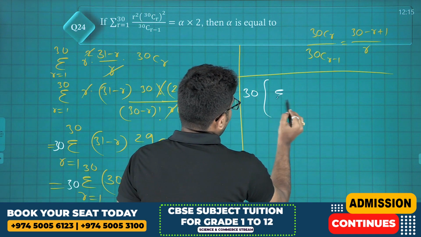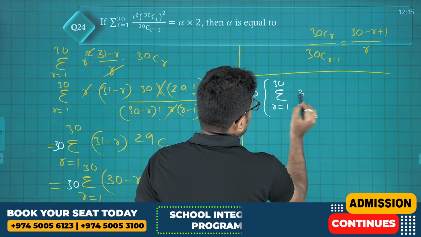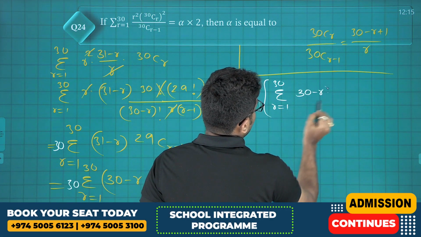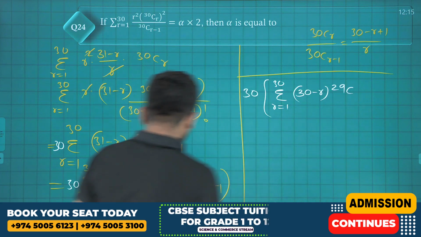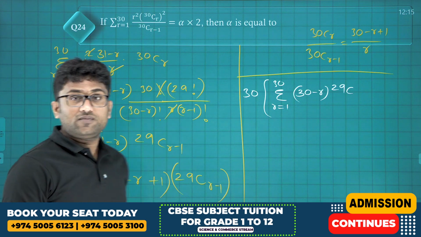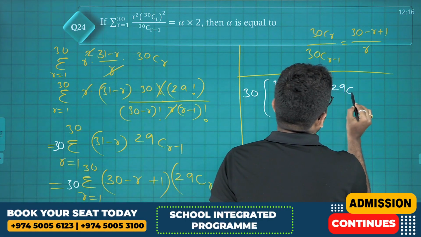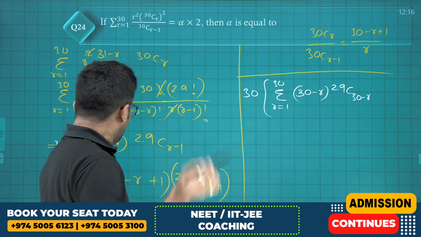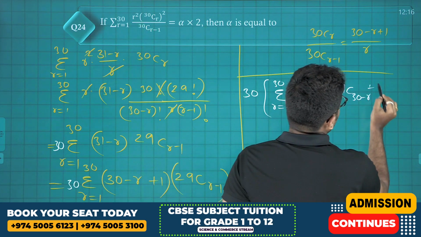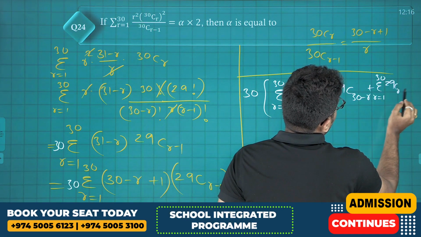First, sigma r equals 1 to 30, (30 minus r) into 29C(r minus 1). nCr we can write as nC(n minus r). So 29C(r minus 1) we can write as 29C(30 minus r). Clear? Plus sigma r equals 1 to 30, 29C(r minus 1).